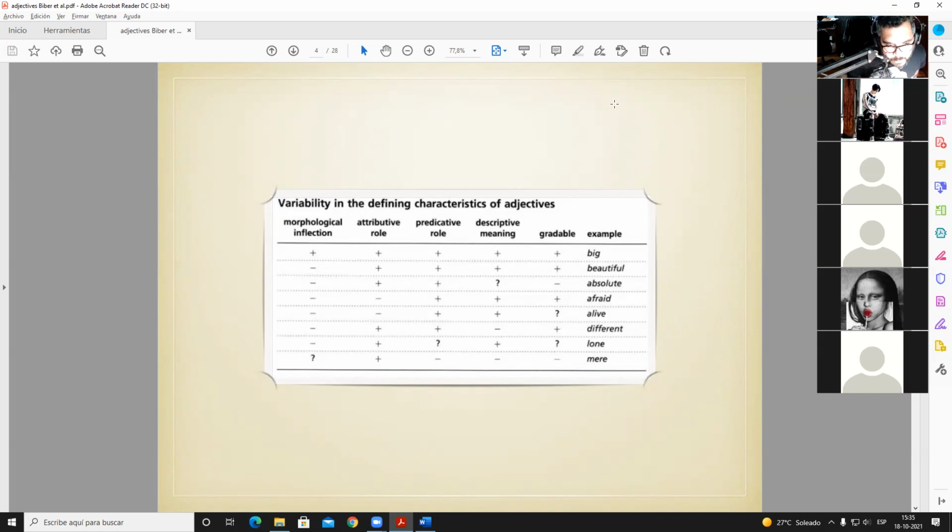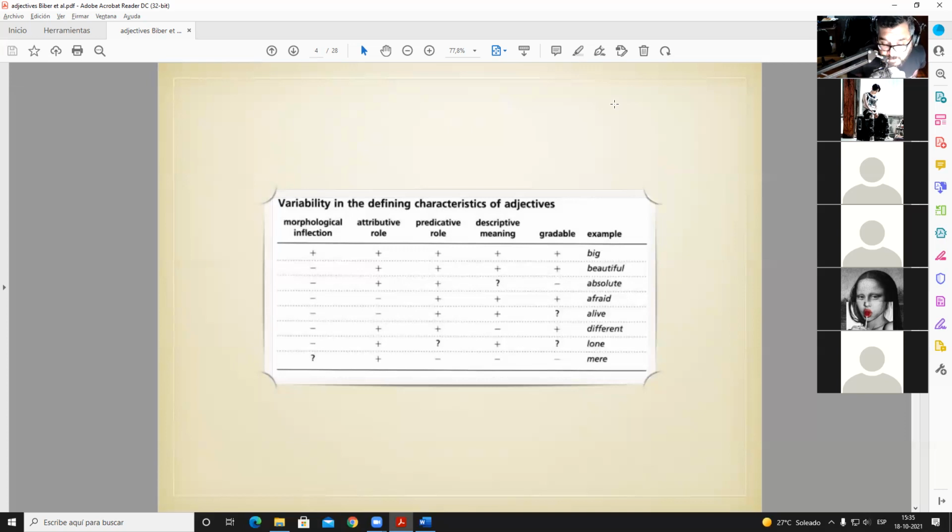So all over again. For example, we're going to try to find out whether the adjective big is central or peripheral, right? I can say big, bigger, and biggest, so morphological inflection positive. I can say big house, therefore attributive role positive. I can say I am big, therefore predicative role positive.